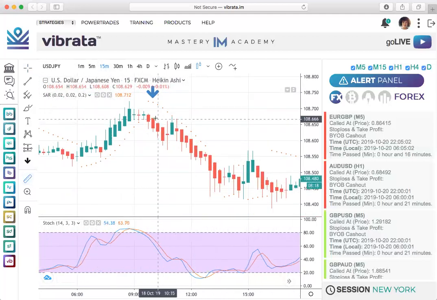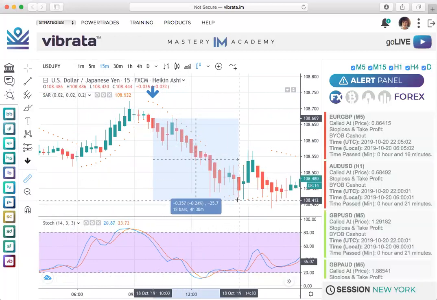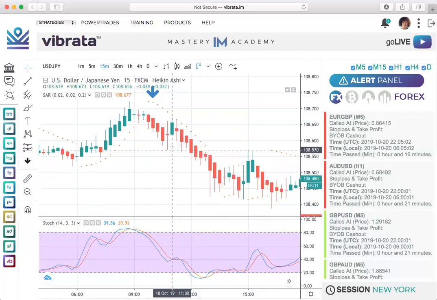So as you can see, from the time this trade activated, the time it was ready, it actually went 25 pips. Also, your stop loss must be outside of the PSAR. If you want to move your stop loss as a trailing stop loss, it needs to remain outside of the PSAR. What you see is that even in a correction, the stop loss never gets touched.